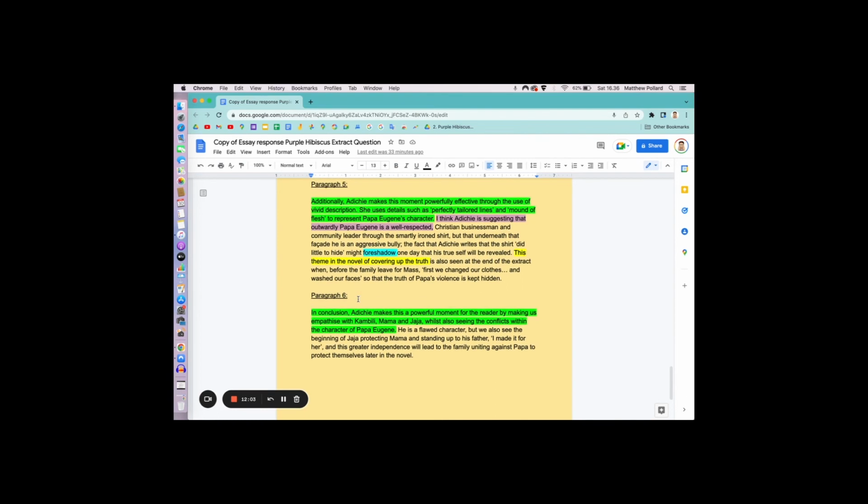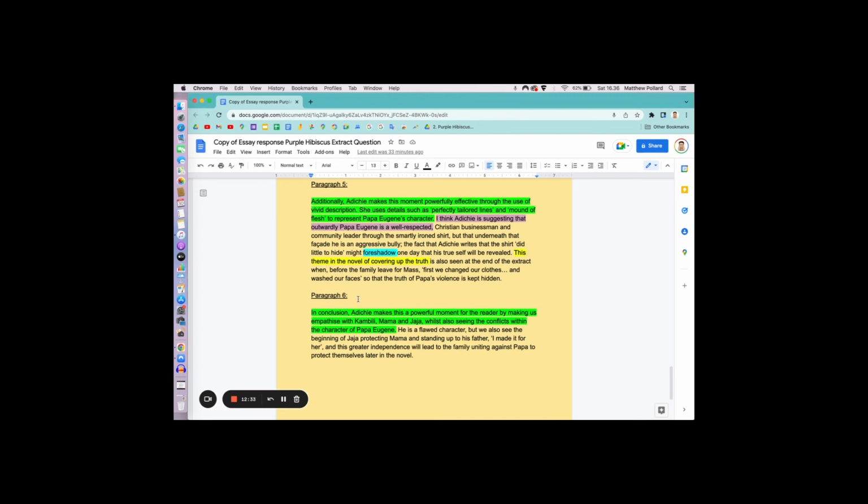Here we have another moment of personal response. I think Adichie is suggesting that outwardly Papa Eugene is a well-respected Christian businessman. I encourage you to include some personal response, i.e. what you think and how you respond and how you feel. Don't just refer to the effects on the reader. I'm also demonstrating here that I understand the wider themes and concerns of the novel.